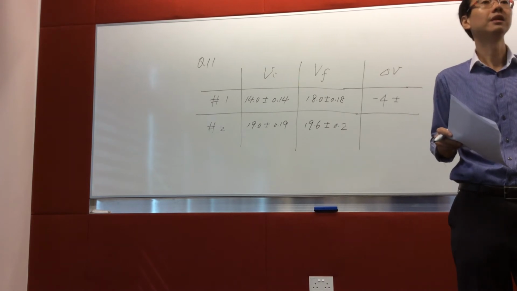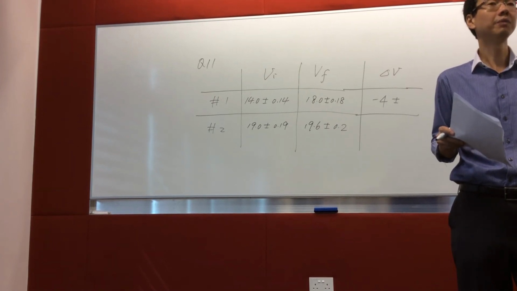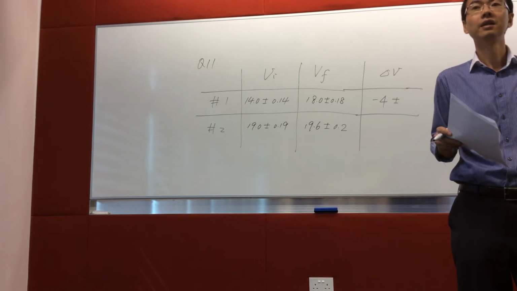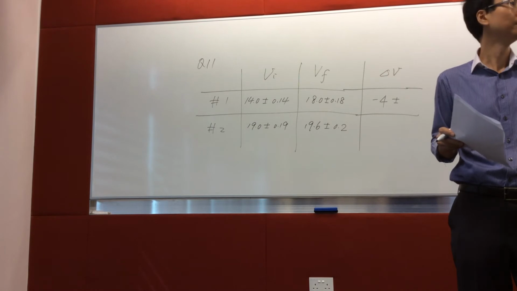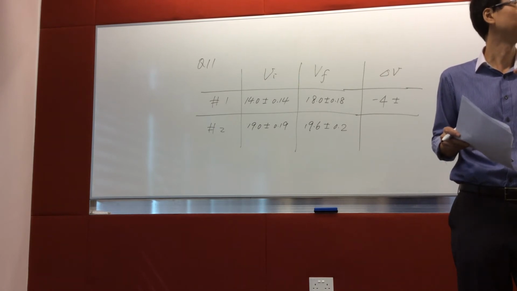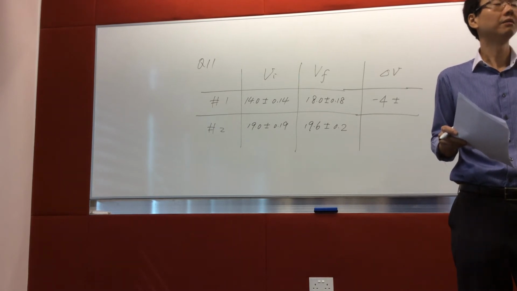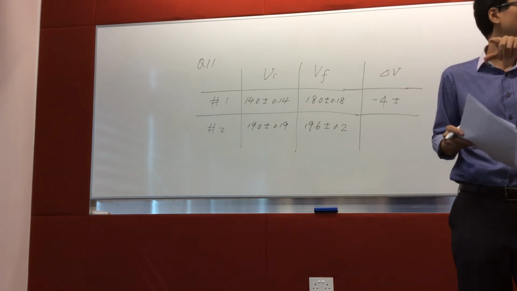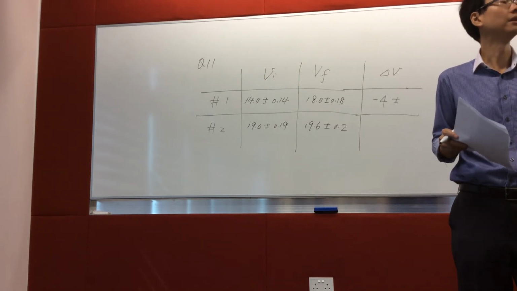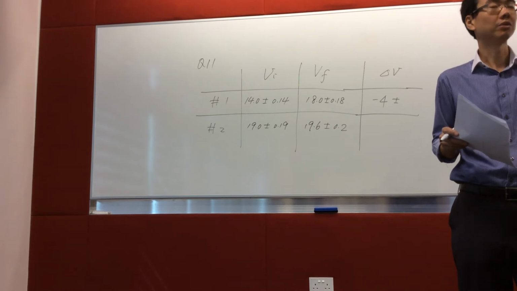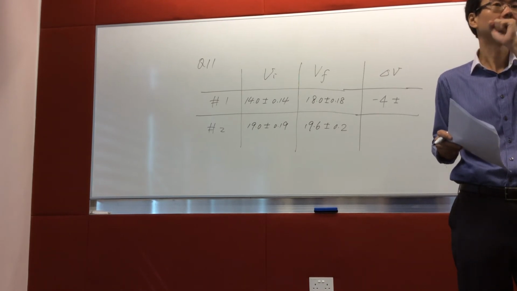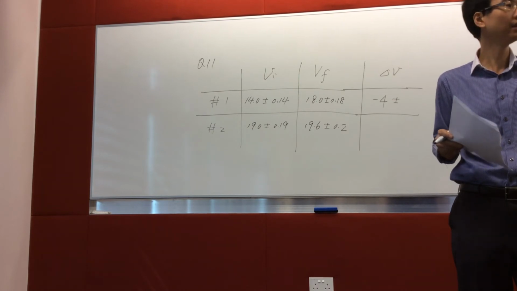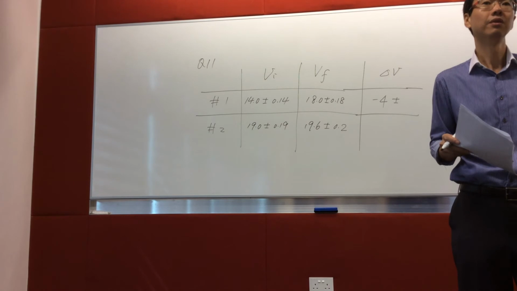Rule number 2 is if it's multiplication and division, the uncertainty in your final result is the sum of your fractional uncertainties. So for multiplication and division, you look at the fractional uncertainties, and for addition and subtraction, the absolute uncertainties. So again, there are two rules here. If you are clear about this, that's about it for the reporting part.